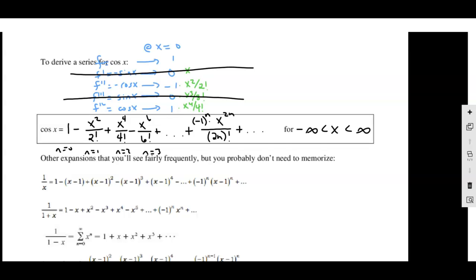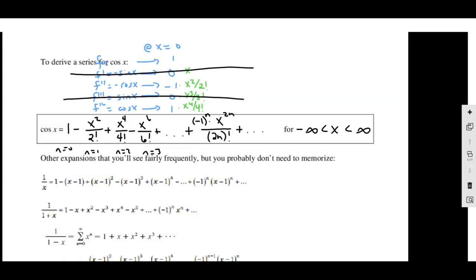Plus, minus. And then the cosine, this last one, is going to be only the even powered terms. The constant 1 is lumped in with the even powered terms, and it alternates. e is always positive. Sine and cosine alternate. Sine is the odds. Cosine is the evens. The expansions for e, sine, and cosine you're going to want to know.